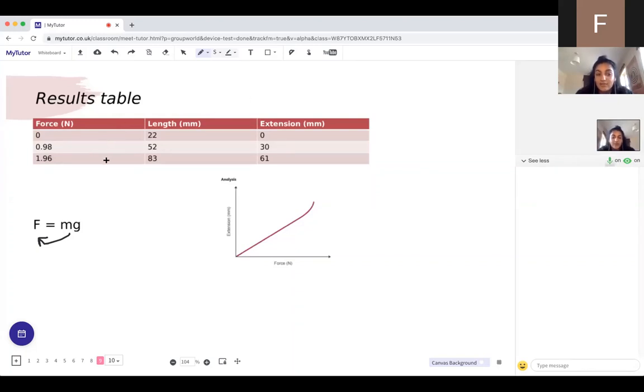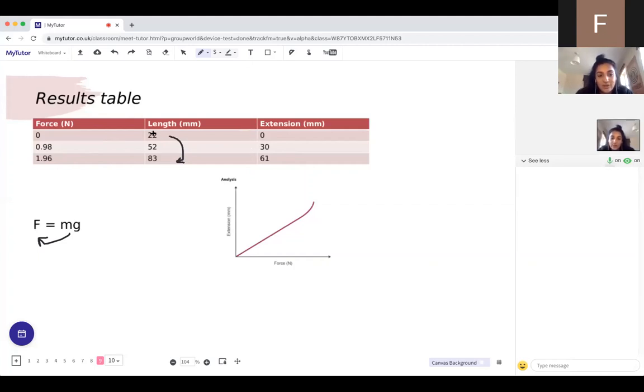We then add another mass, we calculate the force, and we find the new length and how much it's extended by. So you can see from here to here, we've extended by 61 millimeters. So it's important to measure the extension from its original length and not from the length before.